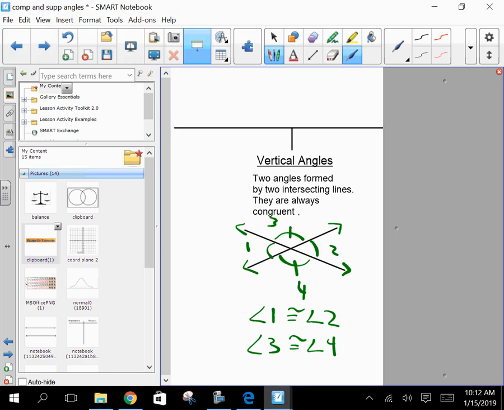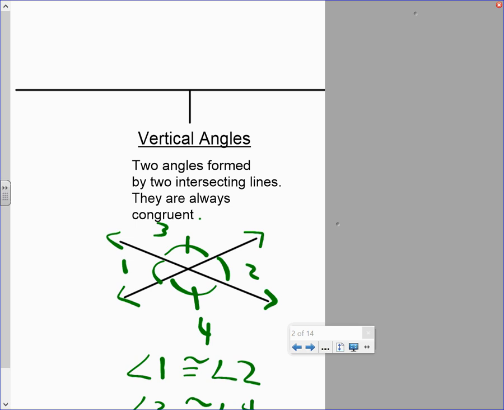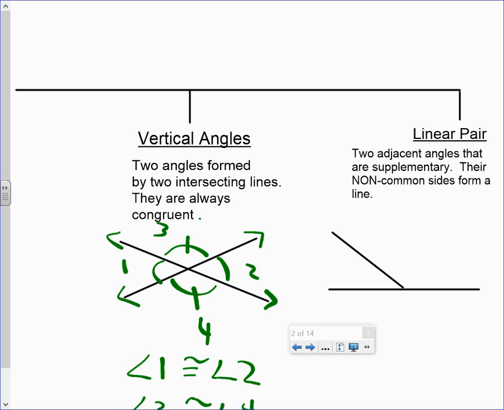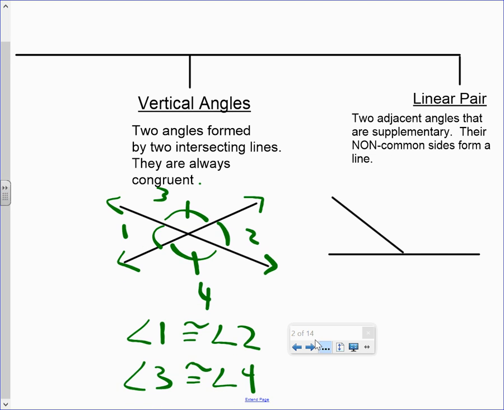We're ready for the last relationship, which is linear pair. Last one. Linear pair. Two adjacent angles that are supplementary.